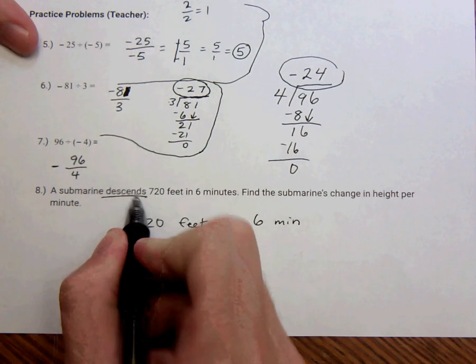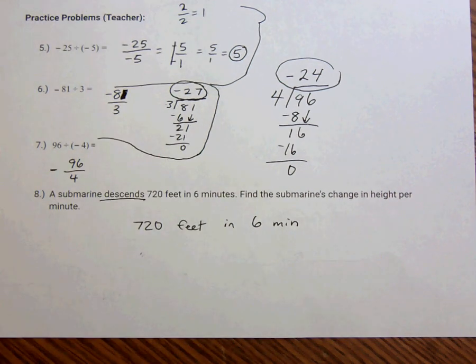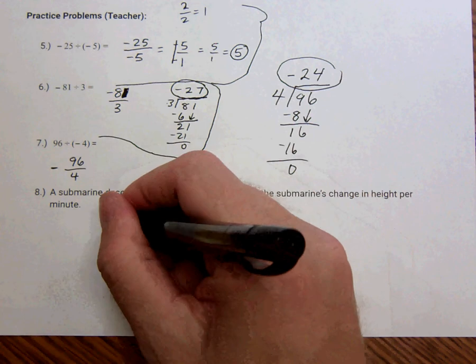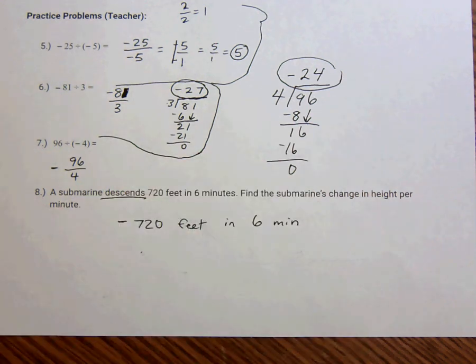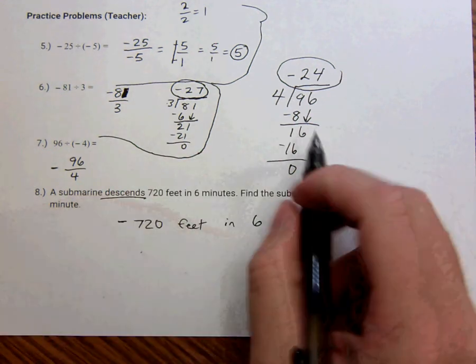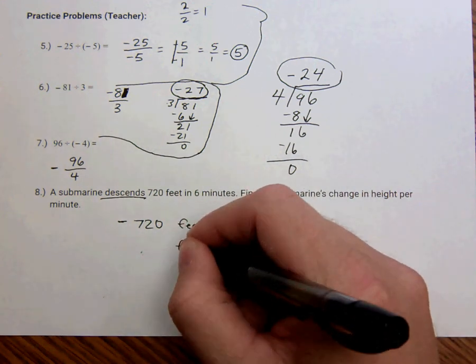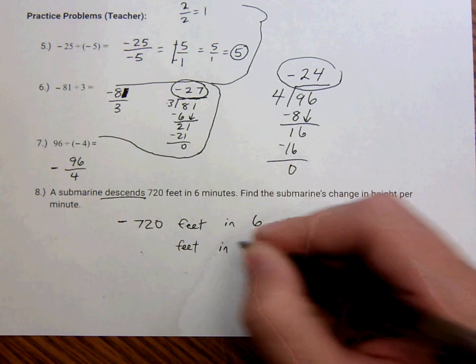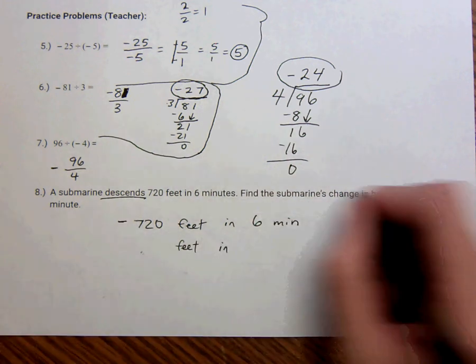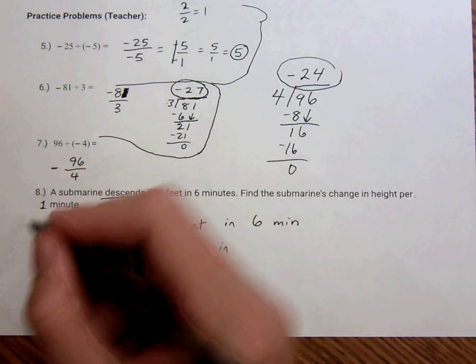Don't miss that word. Descend, it means going down. If we're going down, usually we have a negative applied to it. We want to know height per minute, okay? So height is probably feet per minute. If it just says per minute, imagine that says per 1 minute.